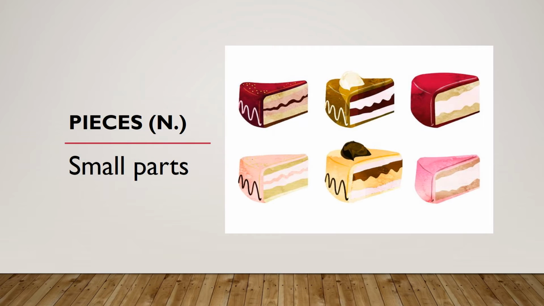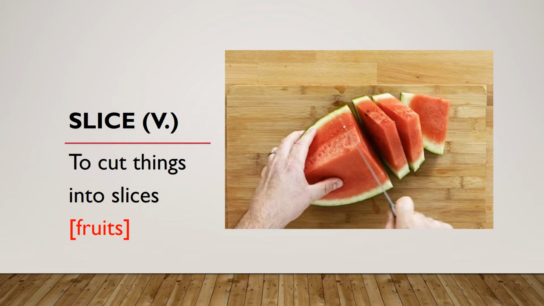Cut the pizza into pieces or cut the cake into pieces. Slice is a verb which means to cut things into slices, and we usually slice fruits. So we chop vegetables and slice fruits.